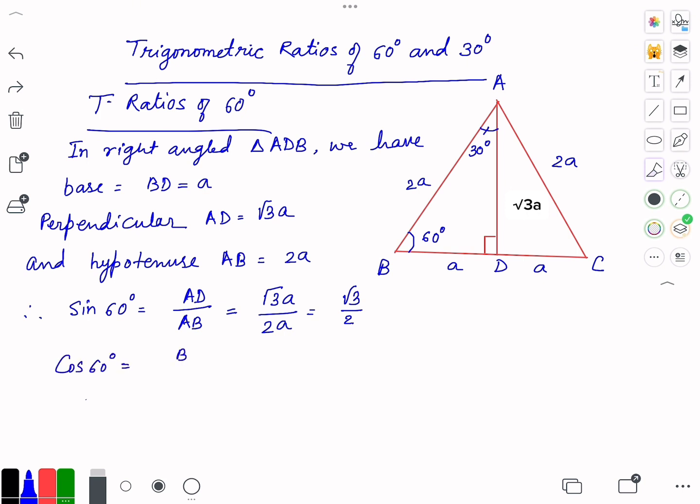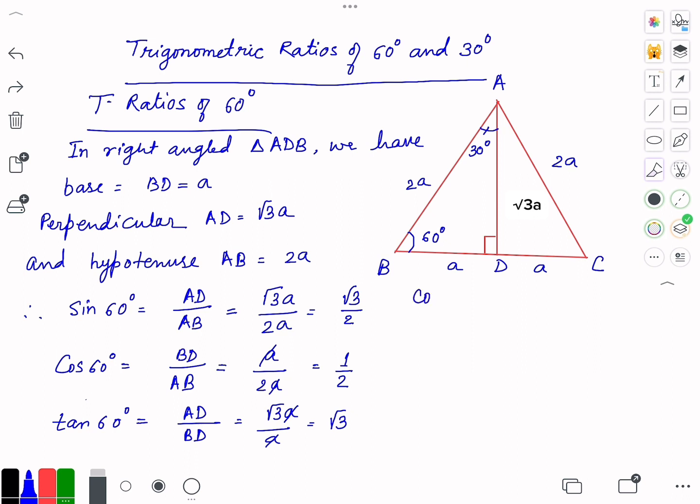Cos 60 is equal to base by hypotenuse, then BD by AB, which is equal to a by 2a, that means 1 by 2. Tan 60 degrees is equal to perpendicular by base, which is AD by BD, equals root 3a by a, then root 3.